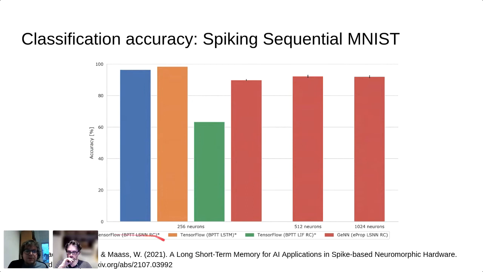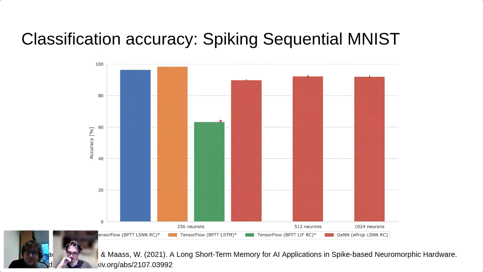But basically, they were also training LSNNs, so adaptive neural networks, with TensorFlow, and they trained LSTMs and they trained these LSNNs, and both of them got kind of 95-ish%, I think maybe 96 on the LSTM. And then they trained some feed-forward, some purely LIF networks, which performed much worse, so around 60%.